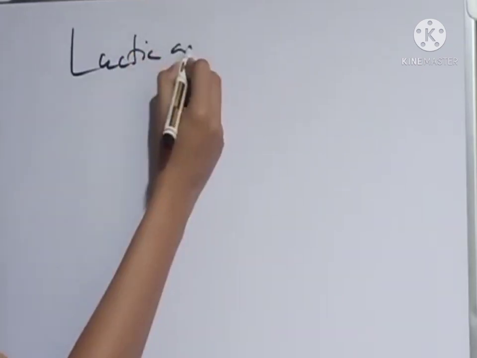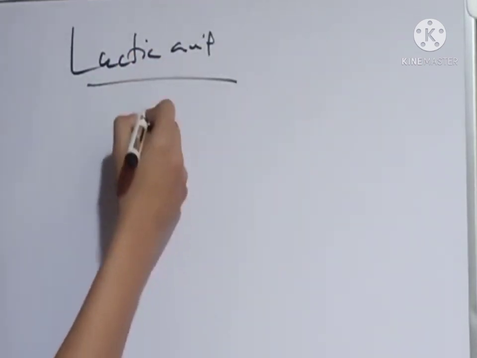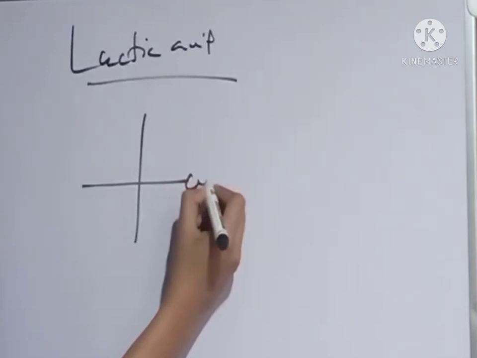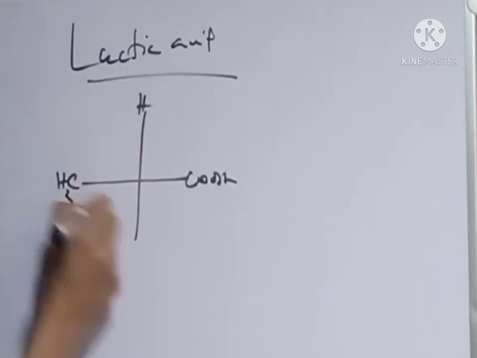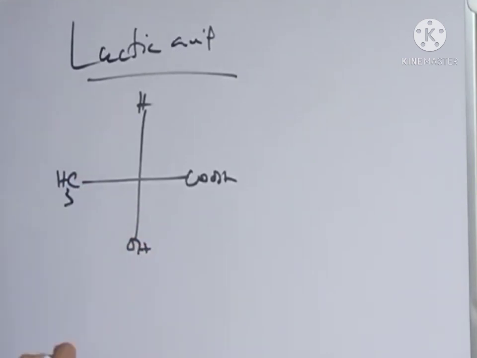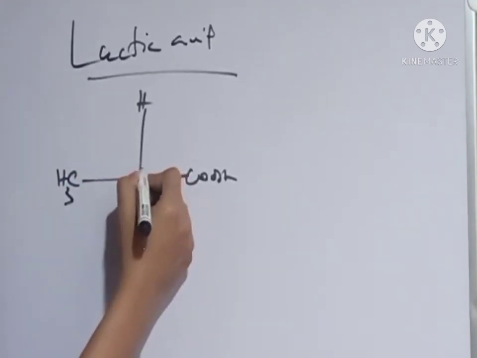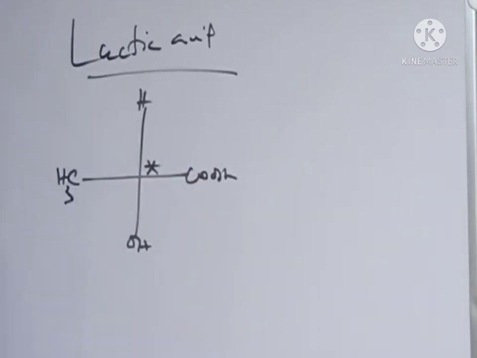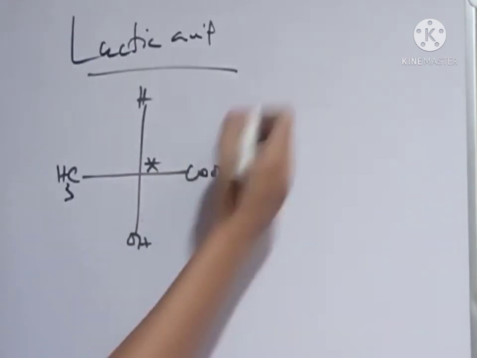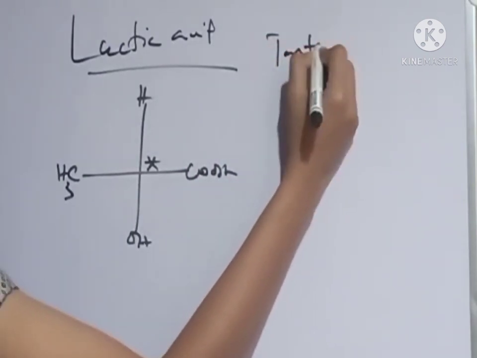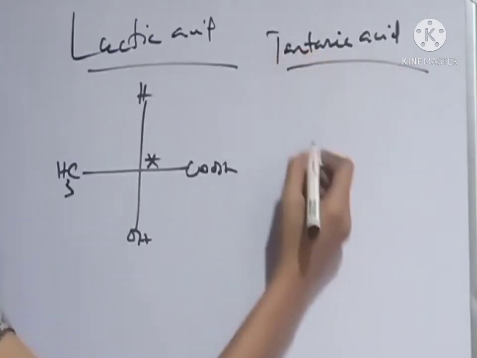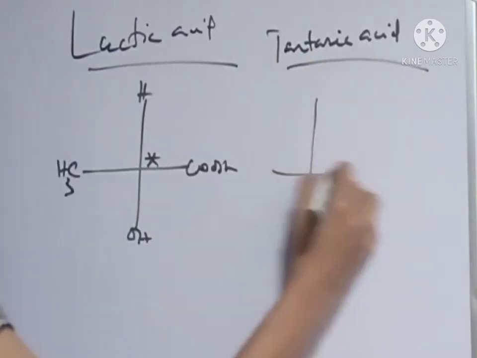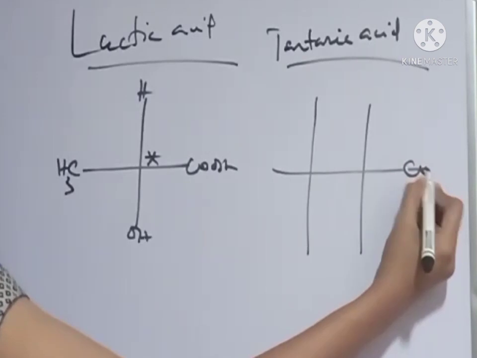Lactic acid is a molecule which has one stereogenic center. The structure is this: H, CH3 and OH. This is lactic acid, and here lactic acid has one stereogenic center. Coming to tartaric acid, the structure is like this.